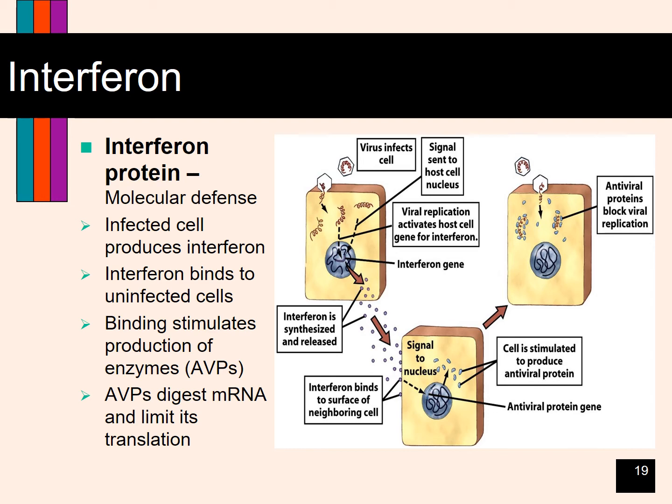And then in the third cell of this slide, when the virus infects the cell that has produced these AVPs, the AVPs inactivate the viral DNA, or in this case RNA, right? The viral mRNA is digested by the AVPs, the antiviral proteins.